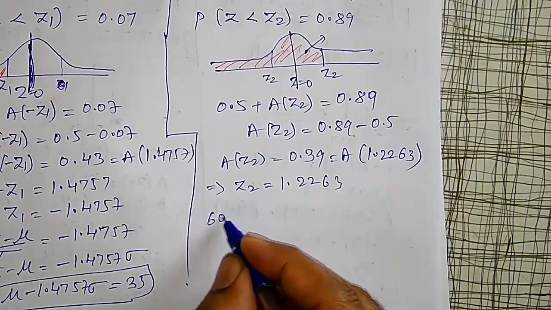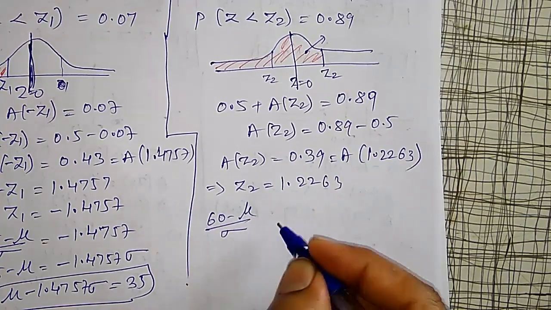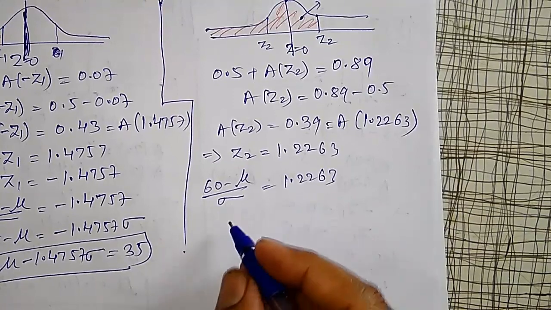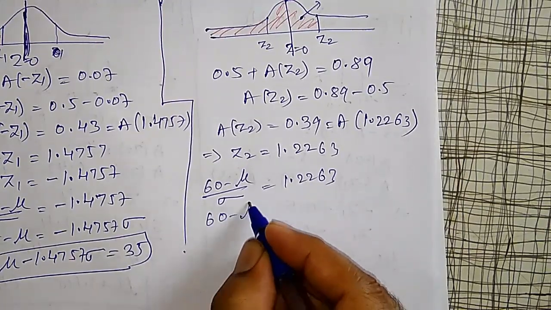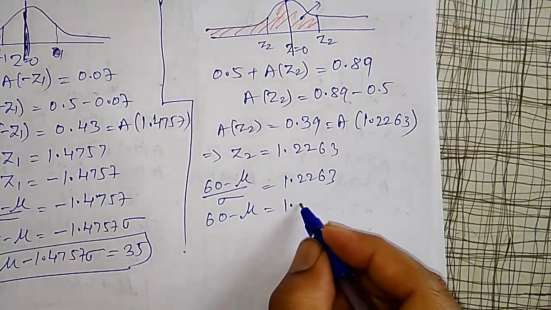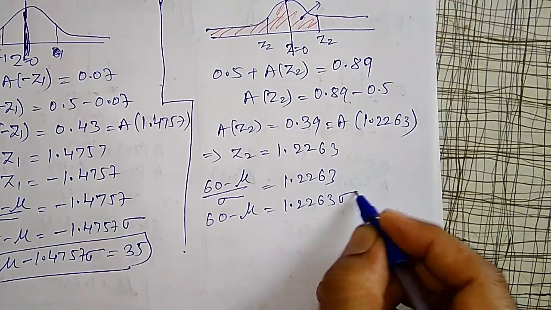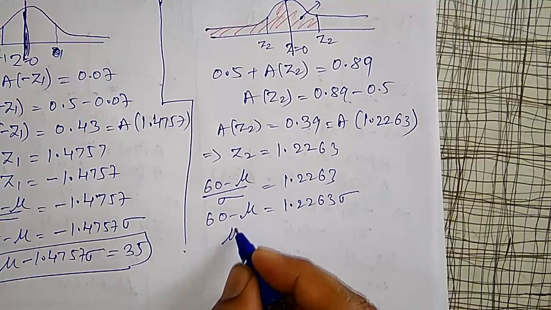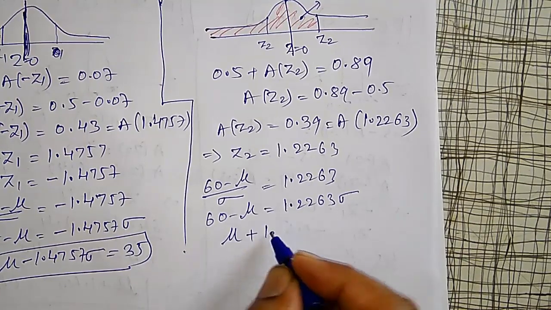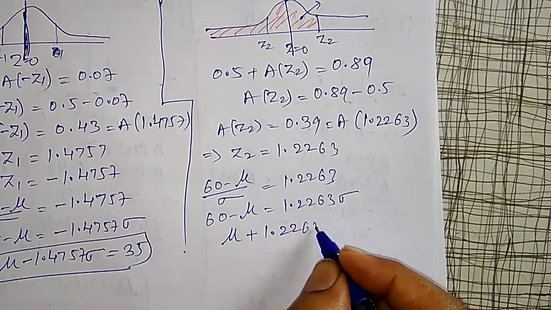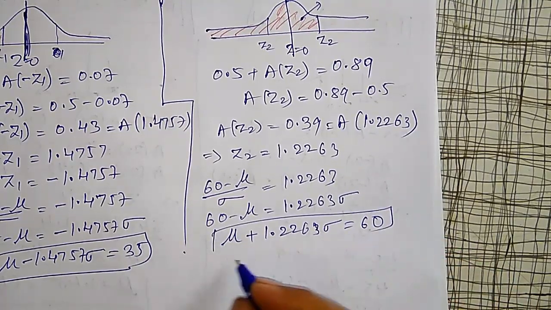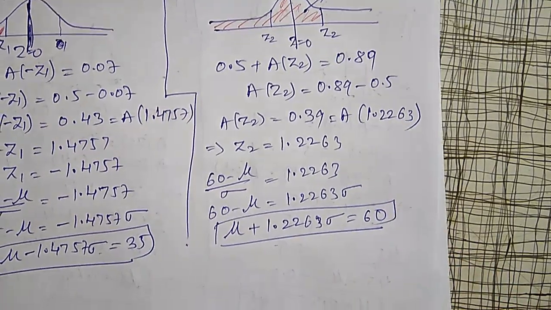Therefore, (60 minus mu) divided by sigma is equal to 1.2263. Simplifying, 60 minus mu is equal to 1.2263 into sigma, or mu plus 1.2263 sigma equal to 60. Two equations in two unknowns I am getting.